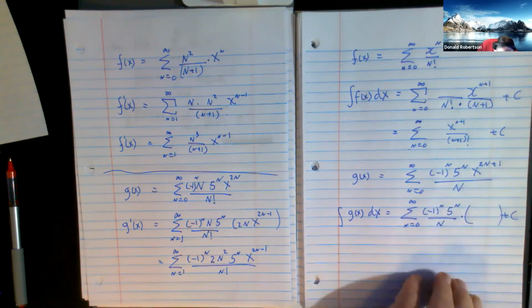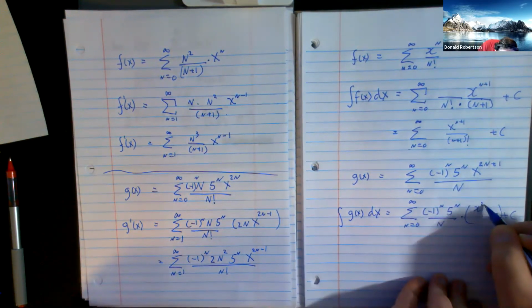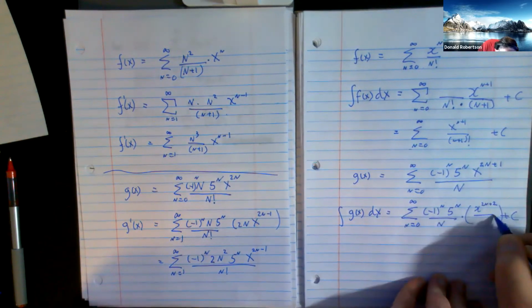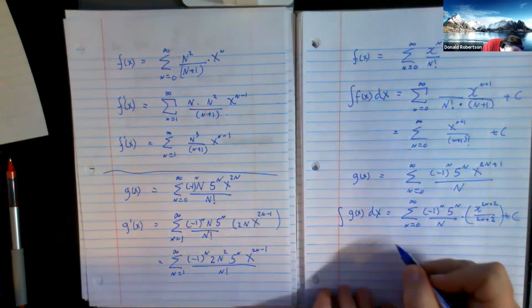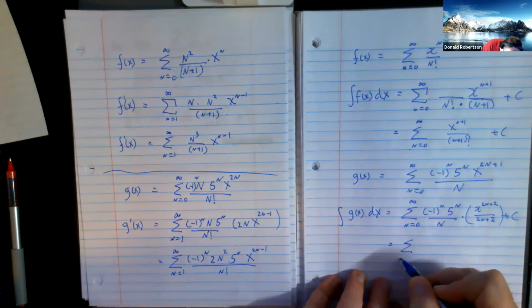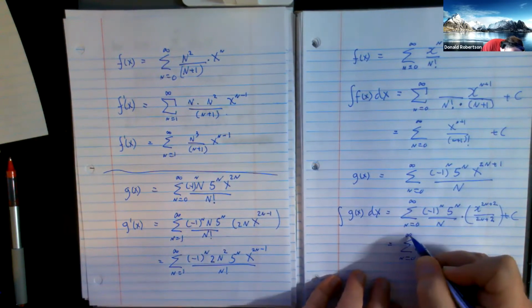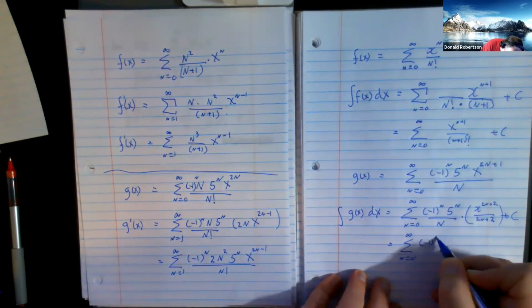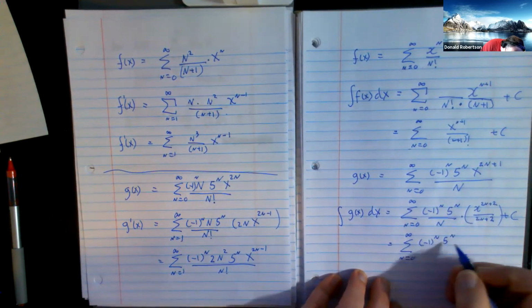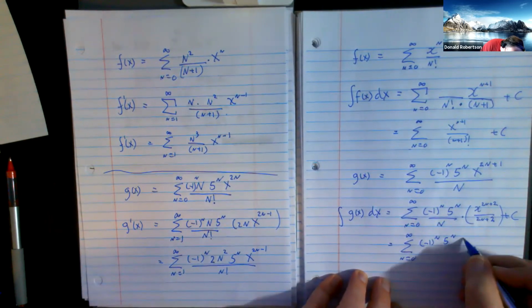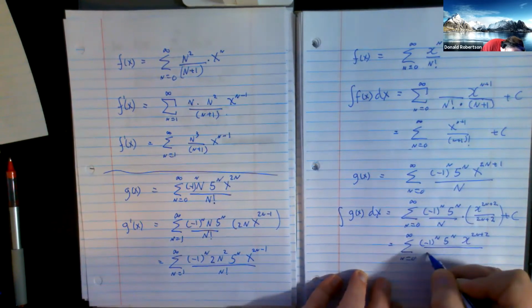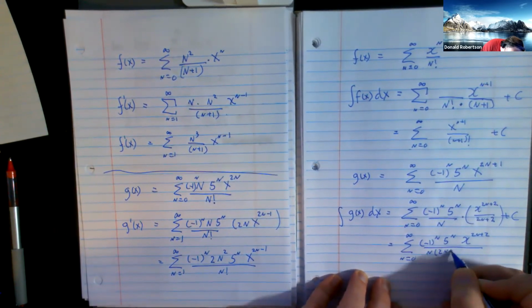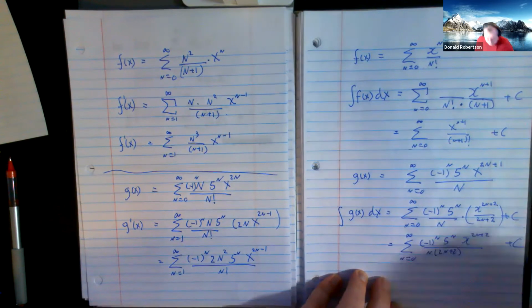Add 1 to the power and divide by the new power. Put everything together, and if it's possible, tidy it up. So I get this guy. And we're finished.